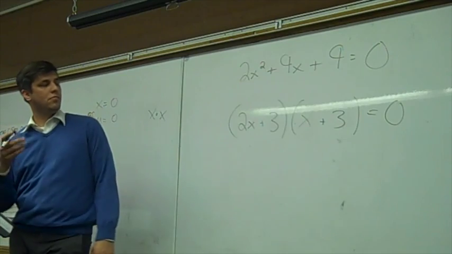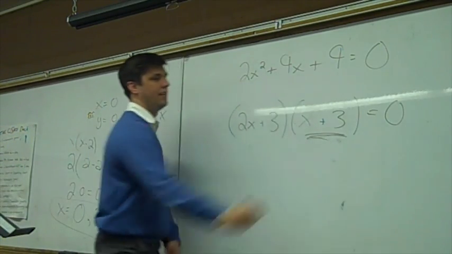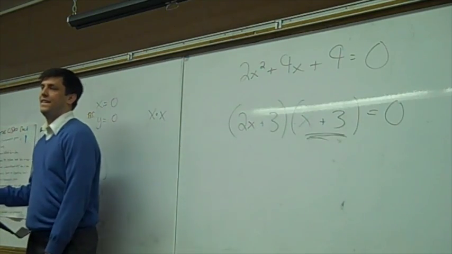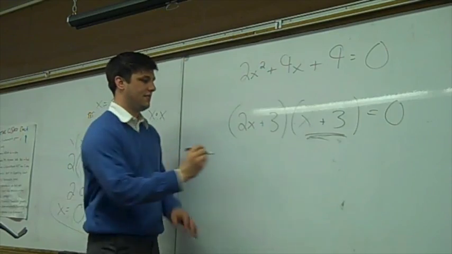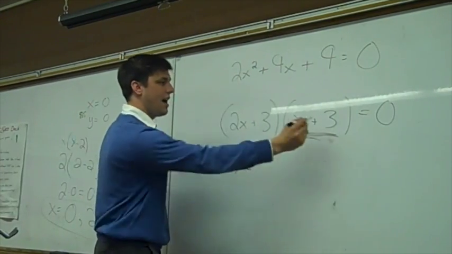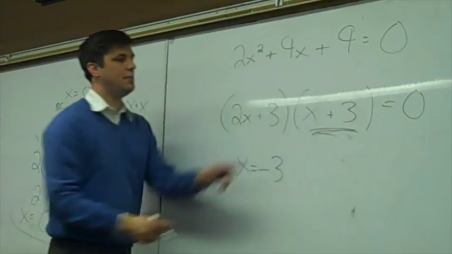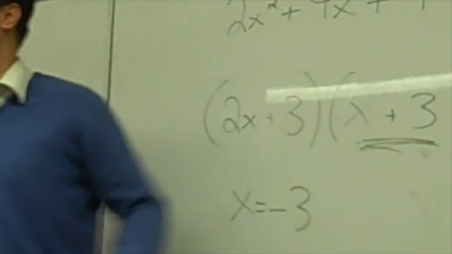So then x would equal... This one's easier. Would it be negative 0.5 and negative 3? I know for sure that there's a negative 3 because if you put a negative 3 in there, it'll make this parenthesis 0.